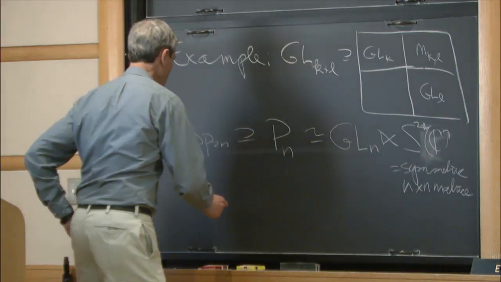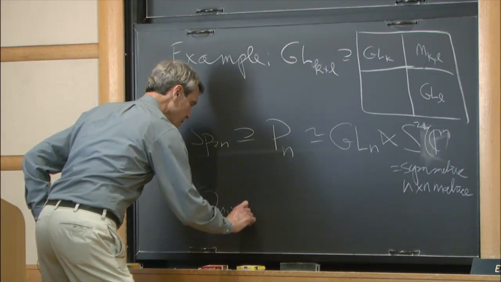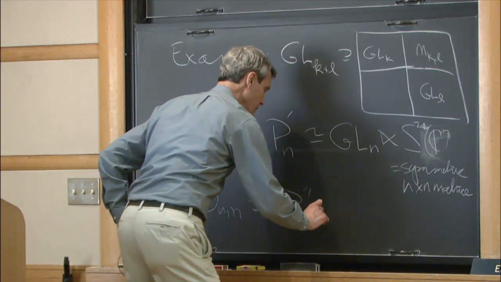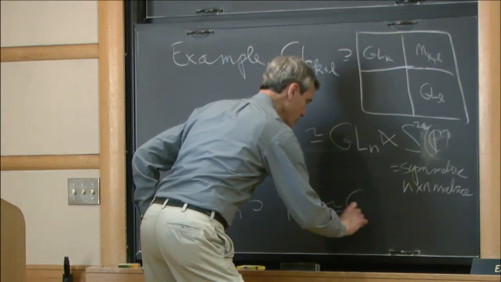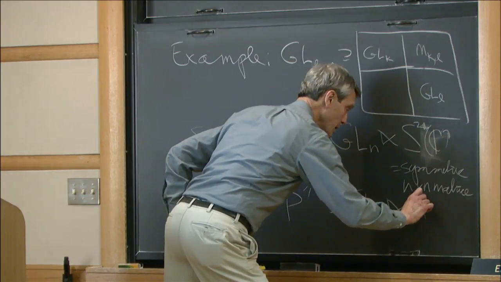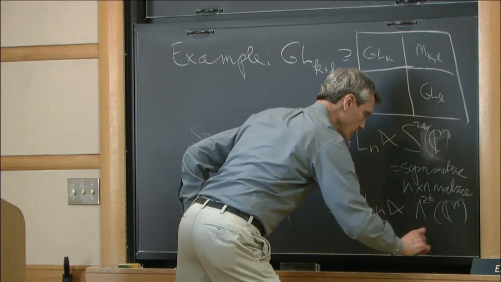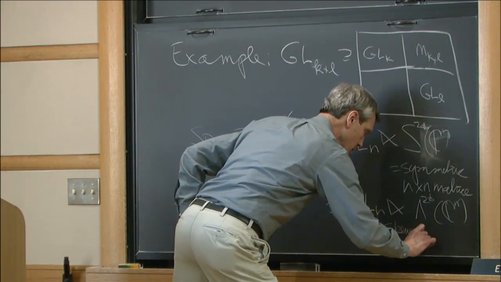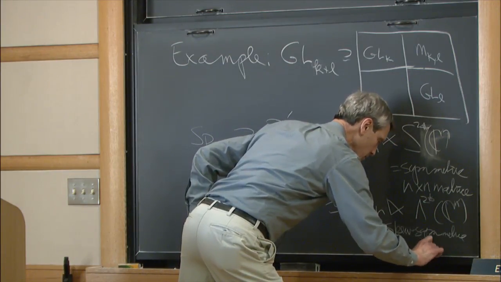Likewise, if we take split O_2n, I'll call this P', it has also got a parabolic subgroup whose Levi component is GL_n and whose unipotent radical is the skew-symmetric n by n matrices.